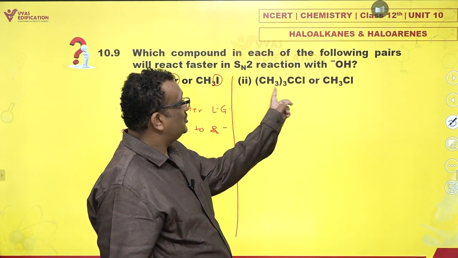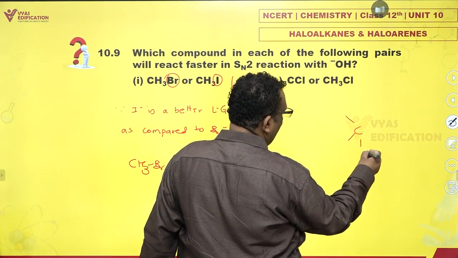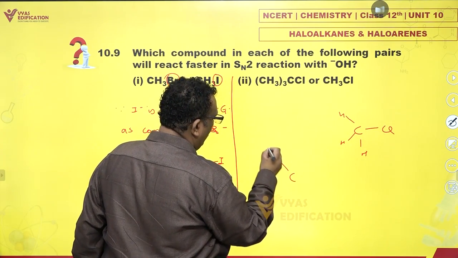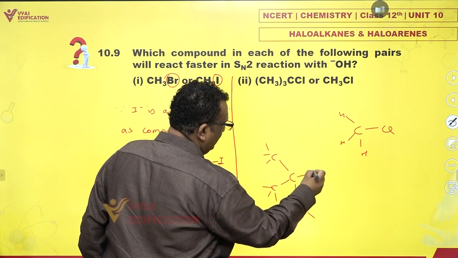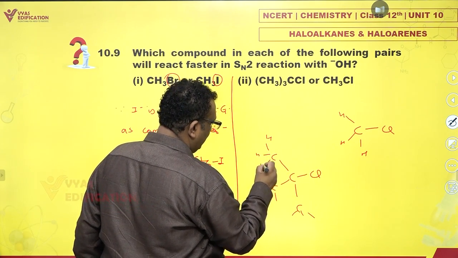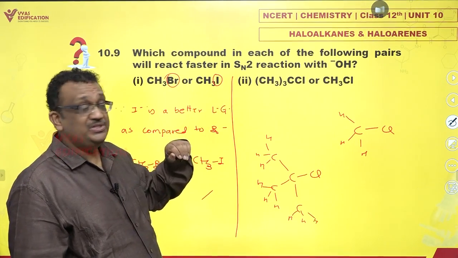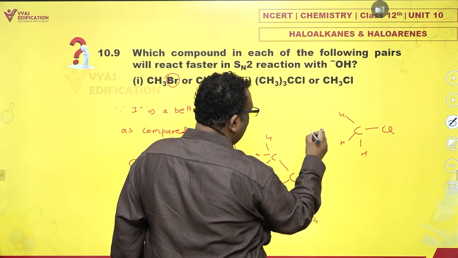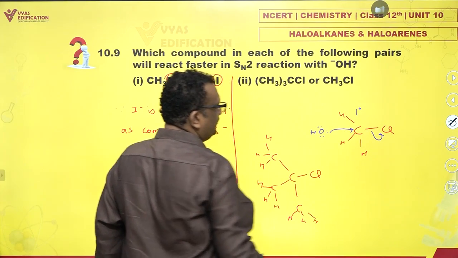What about this? I have tertiary butyl chloride and methyl chloride. I have CH3Cl, and I have (CH3)3CCl, like this. Now what happens in SN2 attack? There is a backside attack of OH minus. Just imagine OH minus is here, attacks, quick, this is primary.